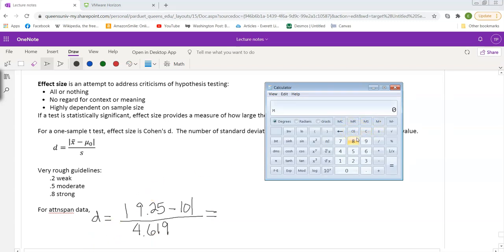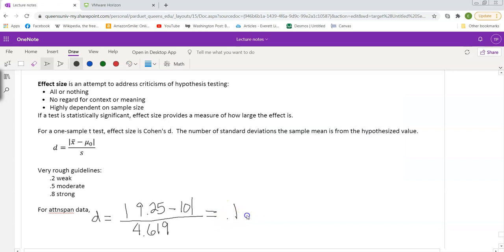And if we do 9.25 minus 10, we'll take the absolute value of that, make it positive, and we'll divide by 4.619, and this is 0.1624. So we'll just call that 0.162. Okay?